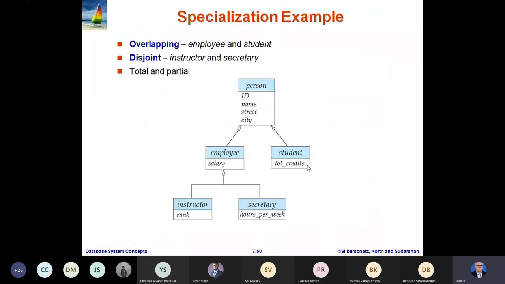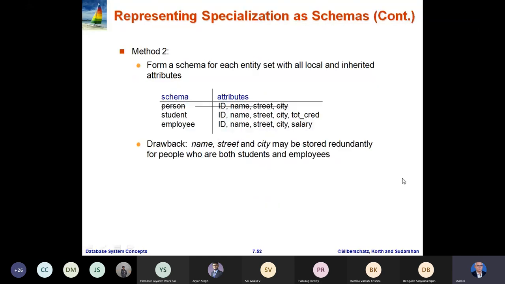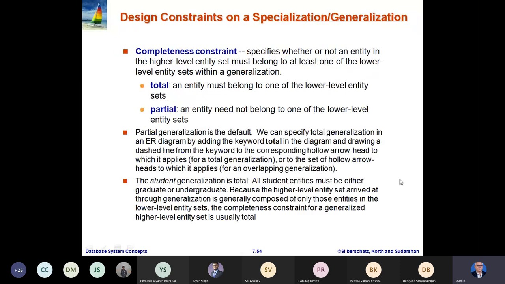So if we assume that this is total, then we'll write the word total, and then we'll have this line connecting it to this arrowhead. That is how we'll represent total, and by default, it is partial.